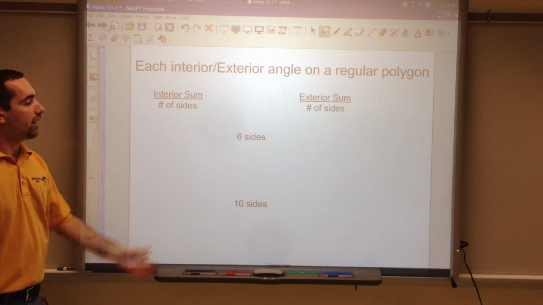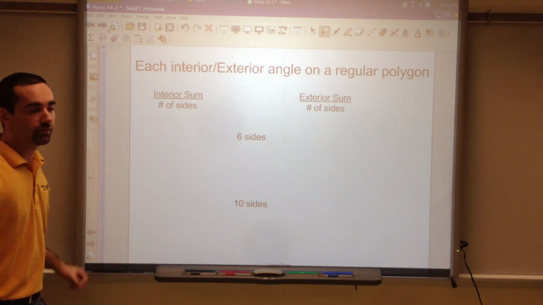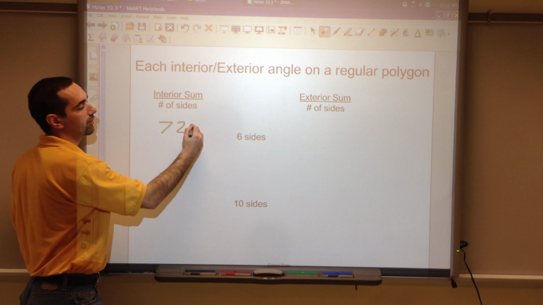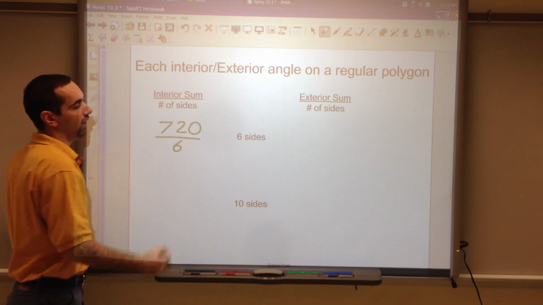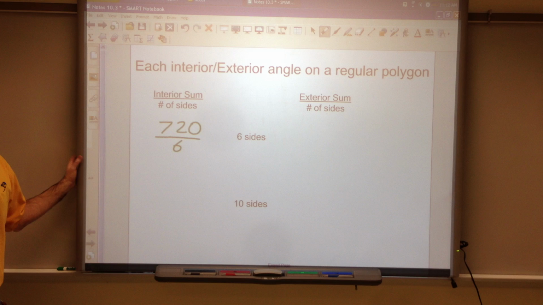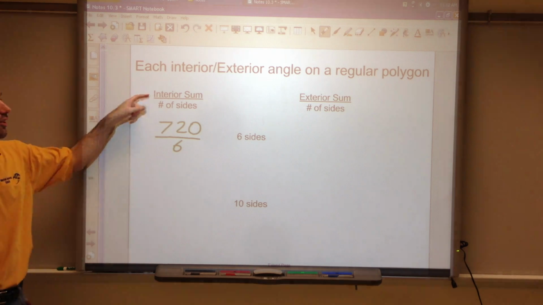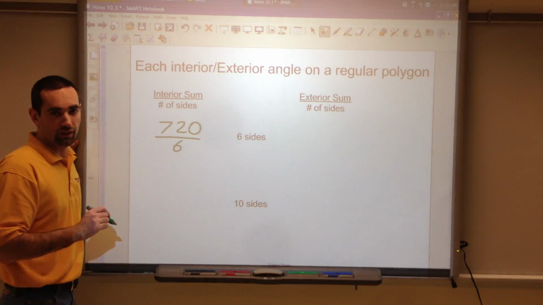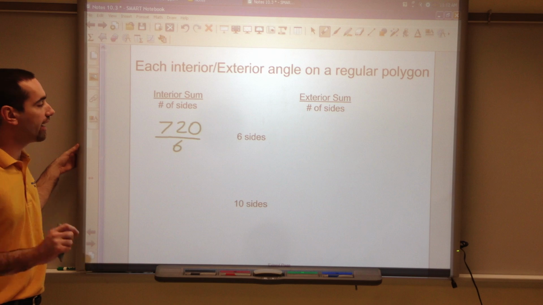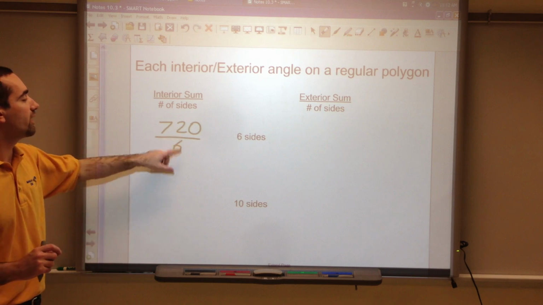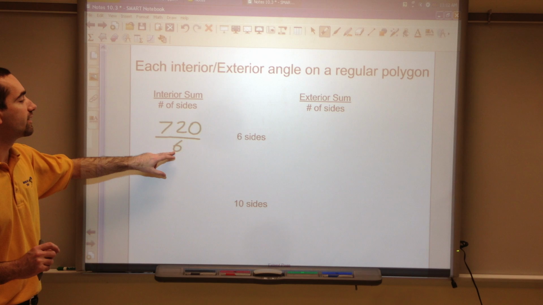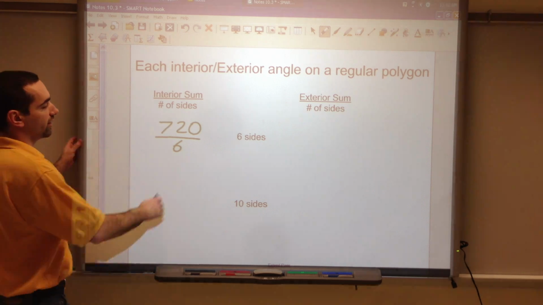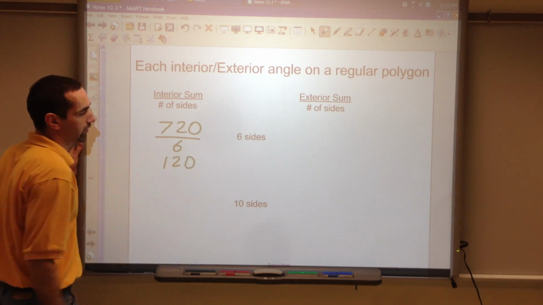So, a 6-sided polygon has an interior sum of 720. I divide by 6. And that gives me my interior angle. 720 divided by 6, that is 120.